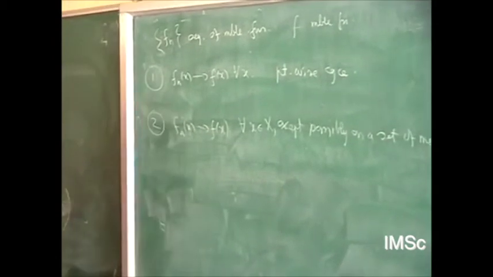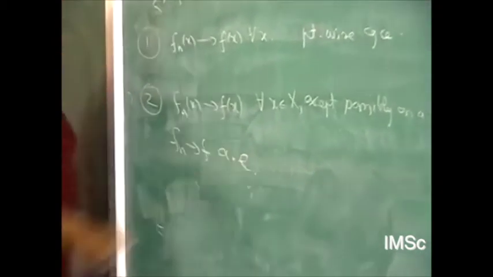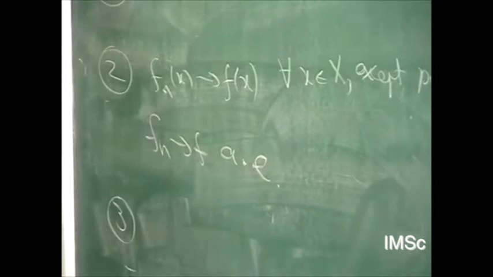This we say that f_n converges to f almost everywhere. AE means almost everywhere. There is a third notion of convergence. This is weaker than this. Okay? So it's called convergence in measure.